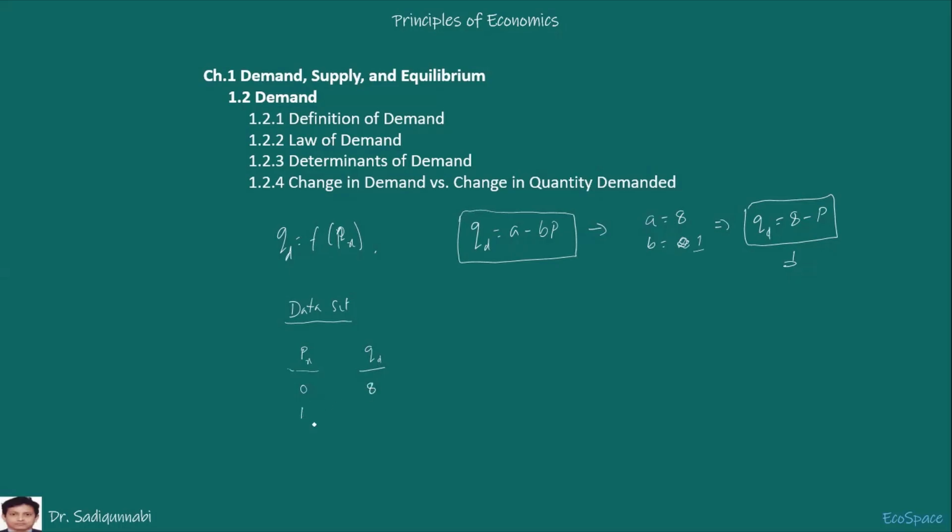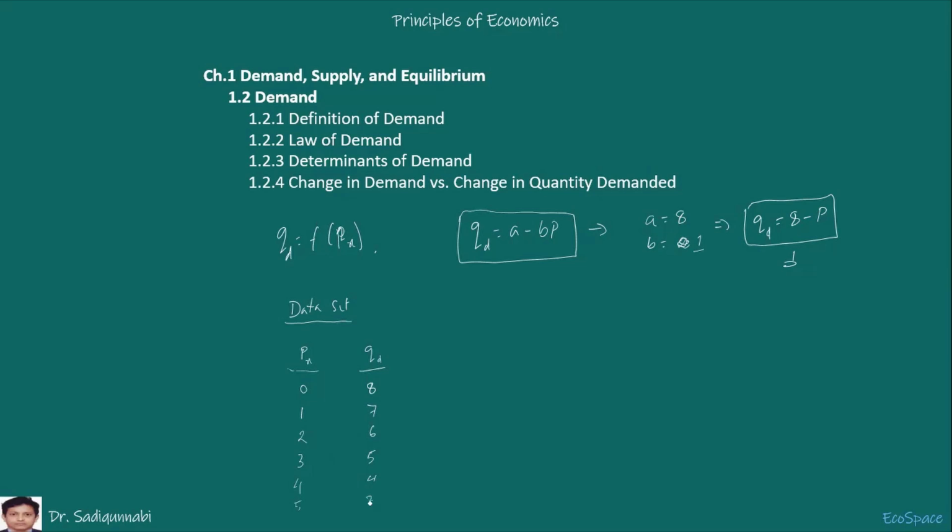When price is 1, what is QD? 7. When price is 2, what is QD? 6. When price is 3, what is QD? 5. When price is 4, what is QD? 4. When price is 5, what is QD? 3.